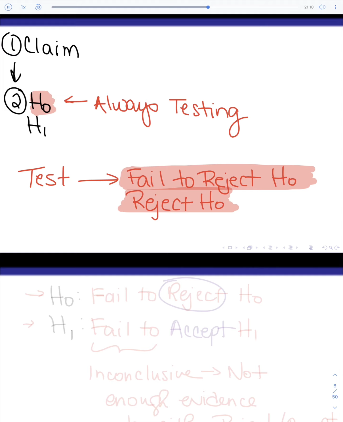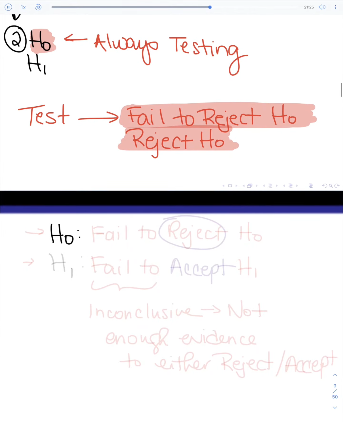Now, we do need to be a little bit careful as to what's going on with H1 because sometimes H naught is our claim and sometimes H1 is our claim. So let's talk about this. Here we've got an example. If we've got an H naught and an H1, suppose we fail to reject H naught.